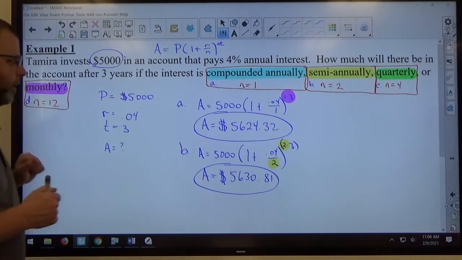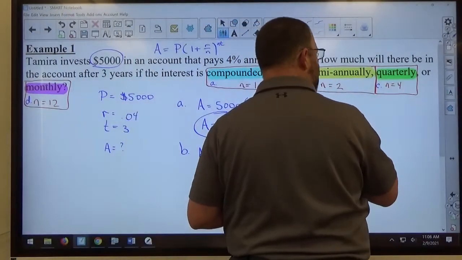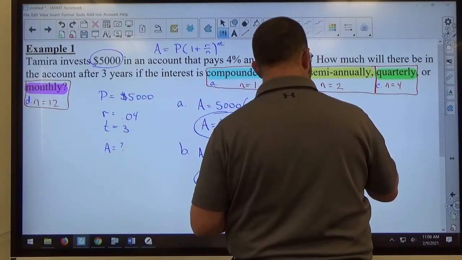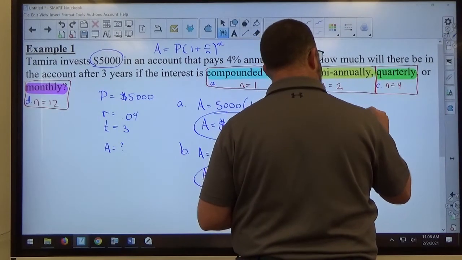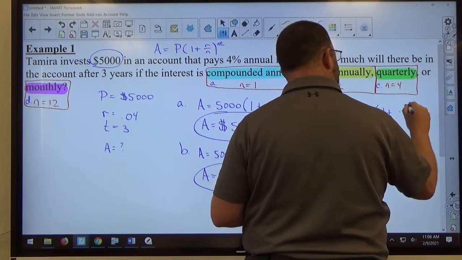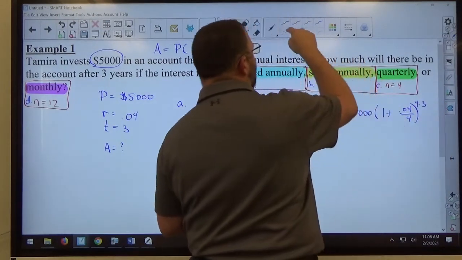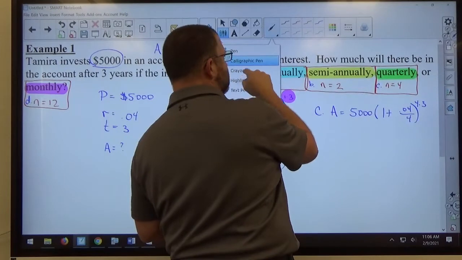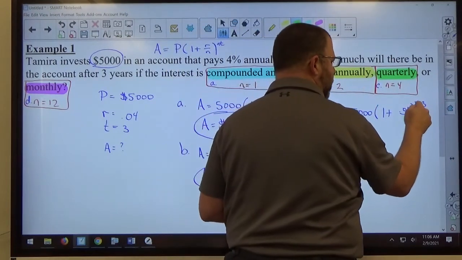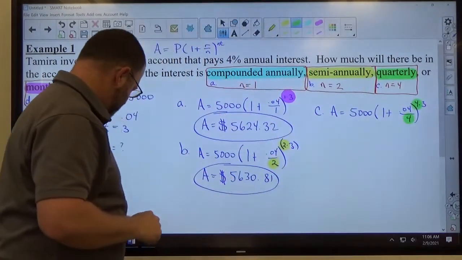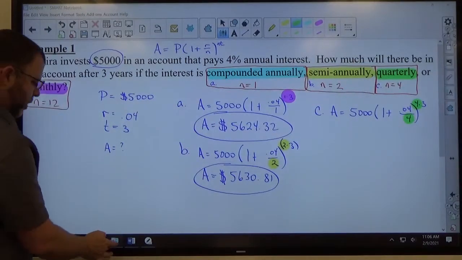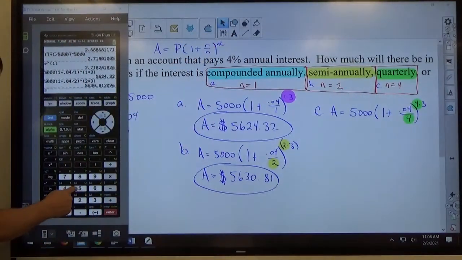Okay, part C. N is equal to 4. So the amount of money we're left in the account with is going to be $5,000 times 1 plus 0.04 divided by 4, to the 4 times 3 power. Again, all I'm doing is changing the value of n. N is 4. Everything else stays the same. Get my calculator, come over here and type in what I see: 5,000 parentheses, 1 plus 0.04 divided by 4, to the parentheses 4 times 3 power.